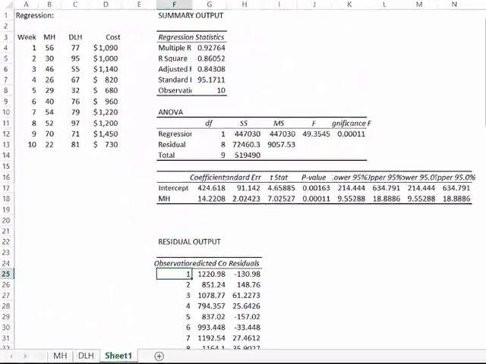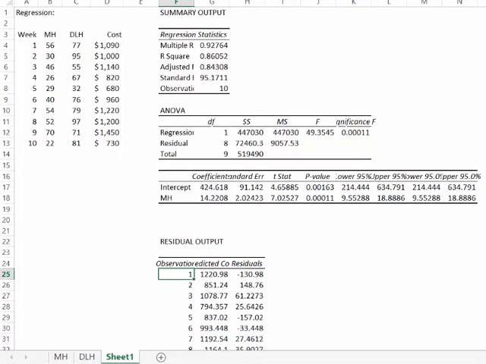This is telling us that for observation 1, if we use the formula that we came up with, which was y equals 14.22 mH plus 424.62, I rounded that to pennies, then we would have gotten 1220.98.